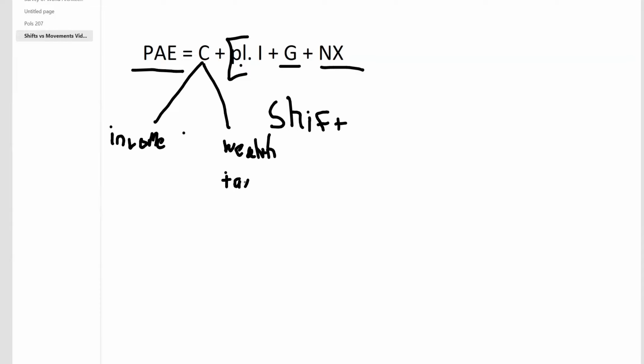So anything that's really not income with consumption will shift. The only thing that causes movement along the curve is a change in income. That's domestic income, not foreign income, domestic, okay?